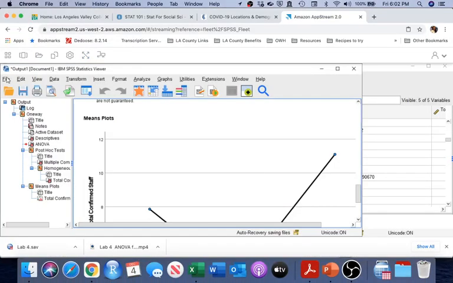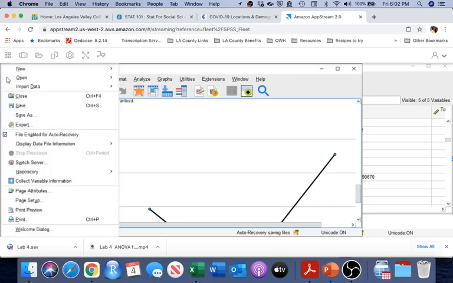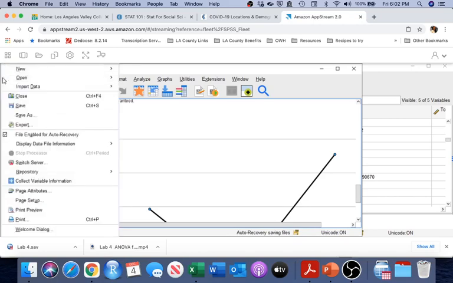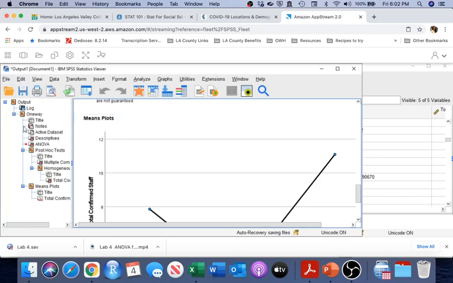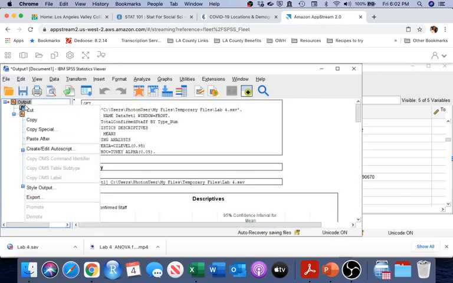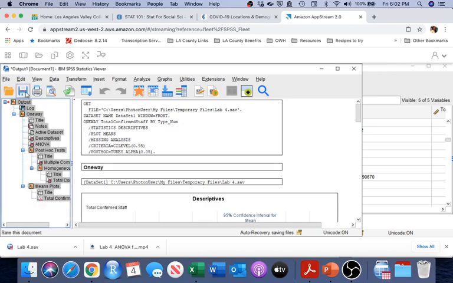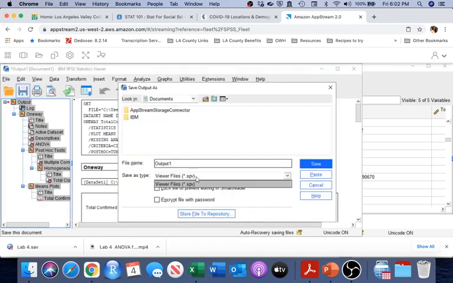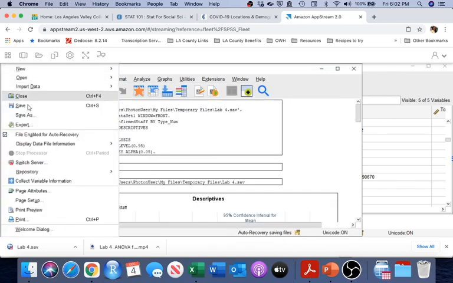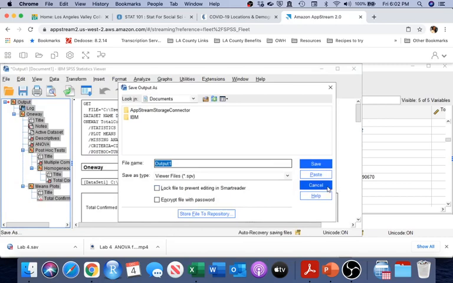Okay, so now I want to show you how to save your output. I think I have to, oh no, sorry, I keep forgetting.